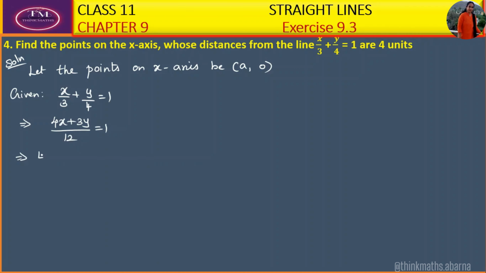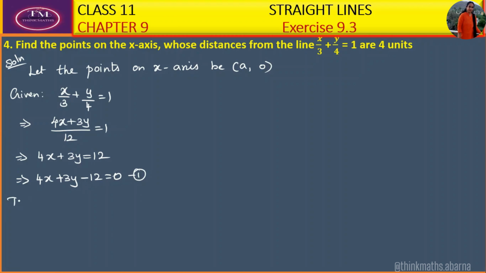So that means 4x plus 3y equal to 12. So 12 when it goes here, it goes as product. Now it is 4x plus 3y. This plus 12 will become minus 12 when I change the sign. So this is the equation.